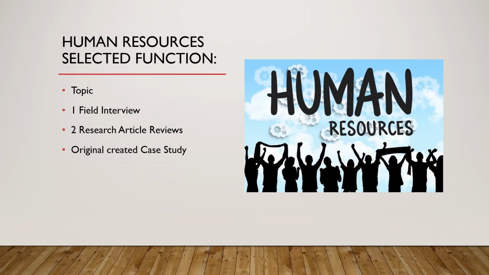You will conduct research to find 2 articles that are in alignment with your selected HR function topic and do reviews on those articles. And the original case study that you create for Module 8 will be based on the topic of the selected HR function as well.